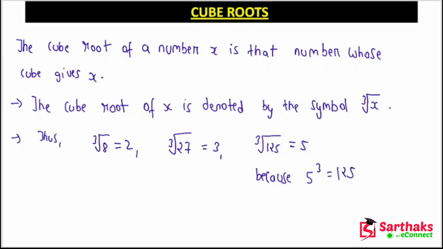Let me tell you an interesting thing over here, that will again save you a lot of time in calculations and objective exams. If a cube is equal to x, then a is equal to cube root of x. See, if a cube equals x, then if you take this power 3 to the RHS, it becomes 1 by 3, which is actually x to the power 1 upon 3.